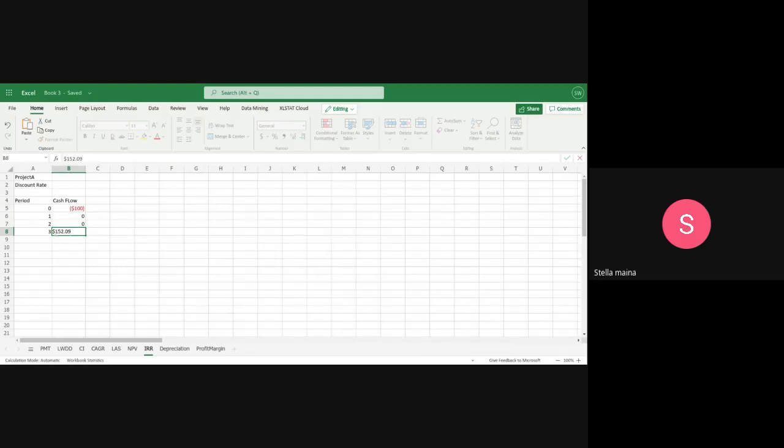So I don't need to actually put in the dollar sign. So let us calculate the discount rate. How do we do that? First we will get the NPV.